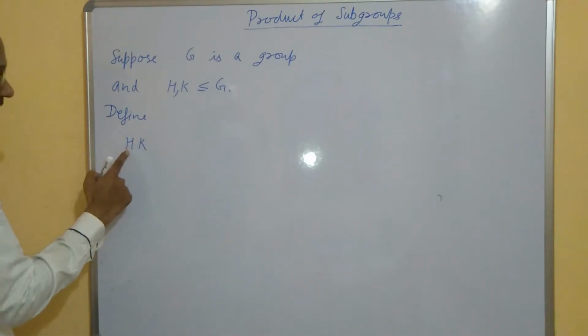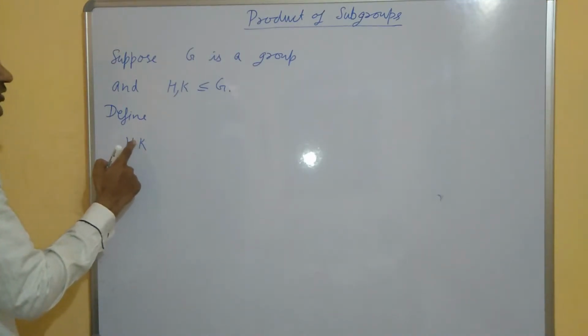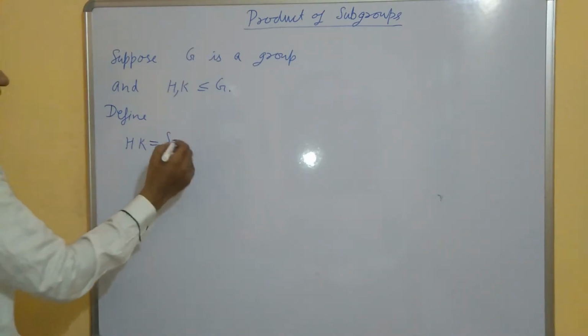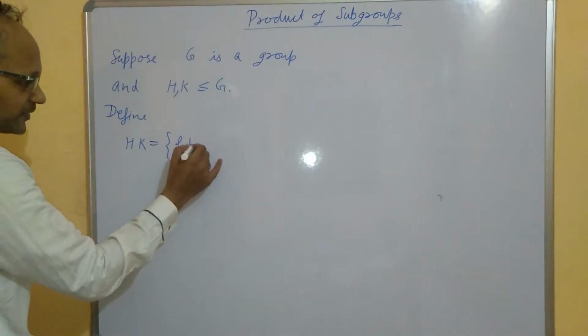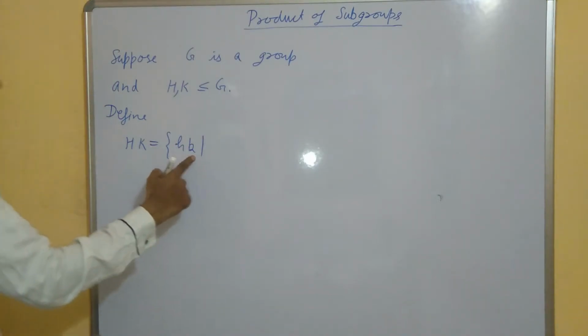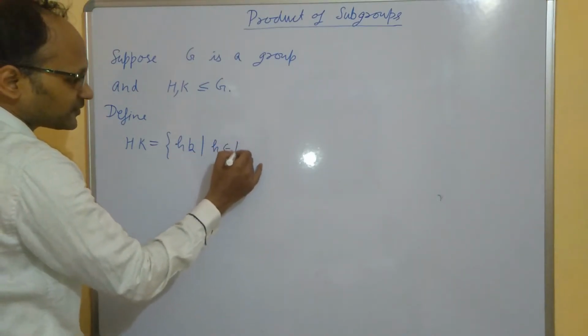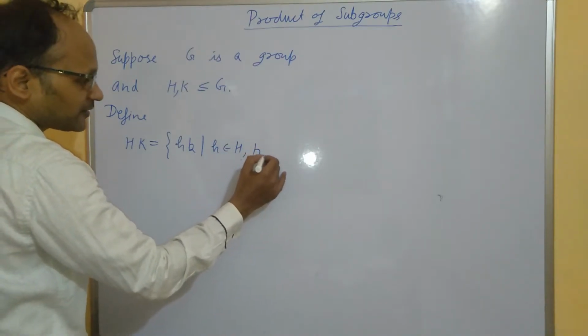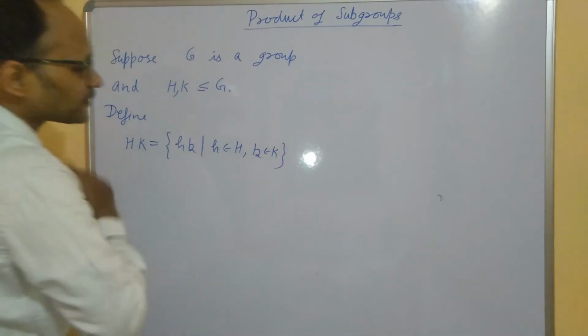By writing HK we mean there is an operation of the group in between them, and by HK we mean the collection of elements of the type hk such that h is in H and k is in K. So this small k belongs to capital K.